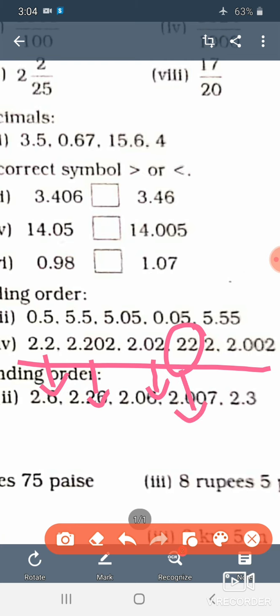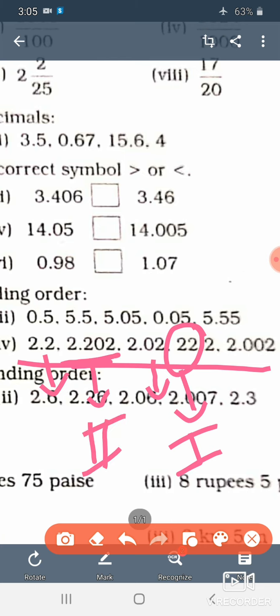So this one would be the greatest. I'm writing first because it is the greatest number. And after it the rest are having 2 in their integral parts. While comparing the tenths, hundredths and thousandths places, you'll come to know that after 22.2, the next greatest number is 2.202.